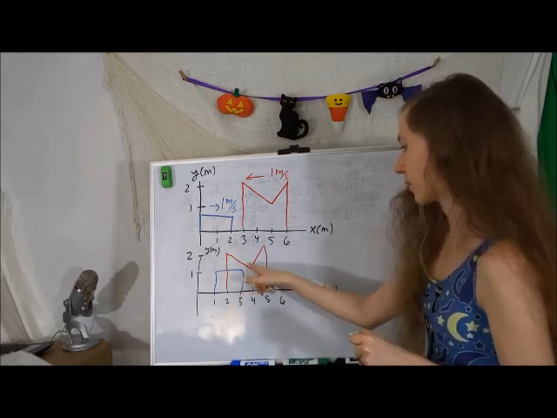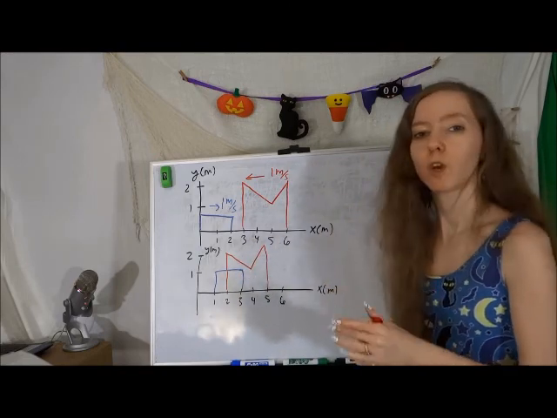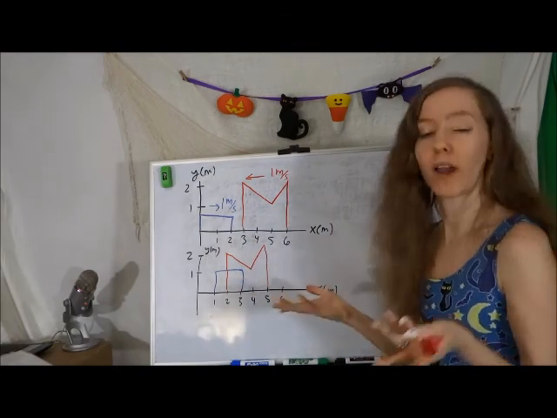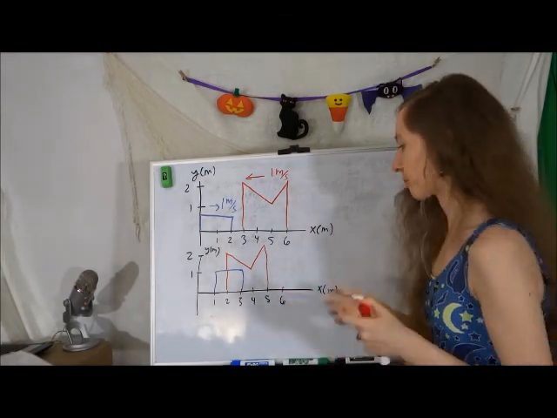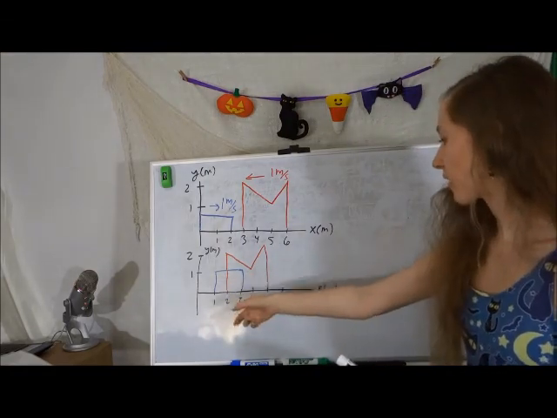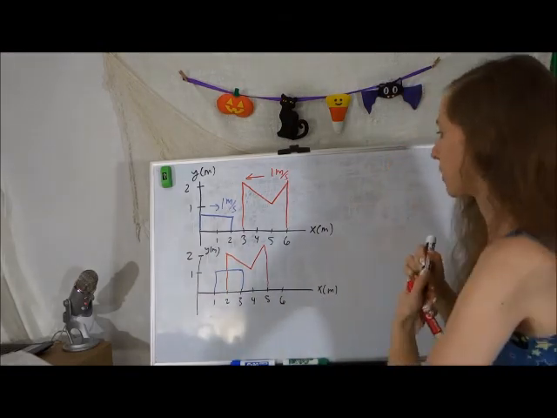But what's happening at this region in between? How do we represent that in between region? Well, the way we can do that is by adding them, adding their y coordinates, basically. So I'm going to draw another graph, and we're going to start by drawing what we know. And then we'll worry about that middle region that we don't know.